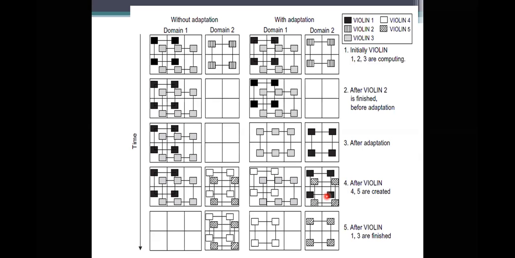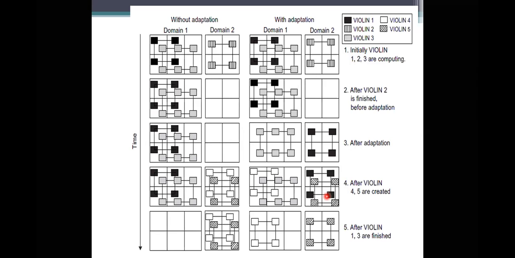At the top right we have 5 different notions, Violin 1, 2, 3, 4 and 5. These isolated virtual environments are taken into account. Violins 1 to 5 use 2 physical clusters, which are domain 1 and domain 2.